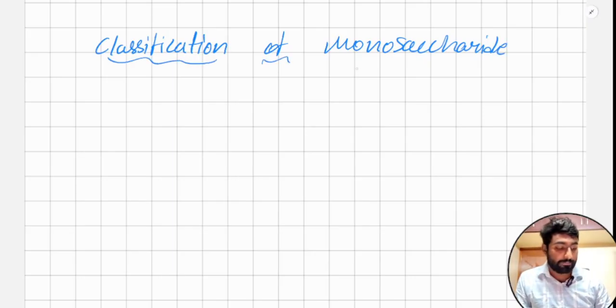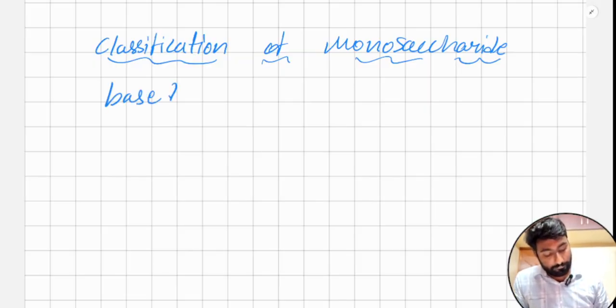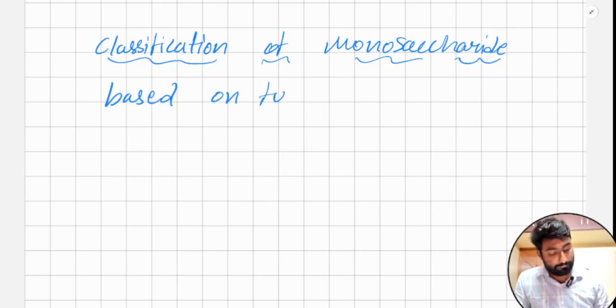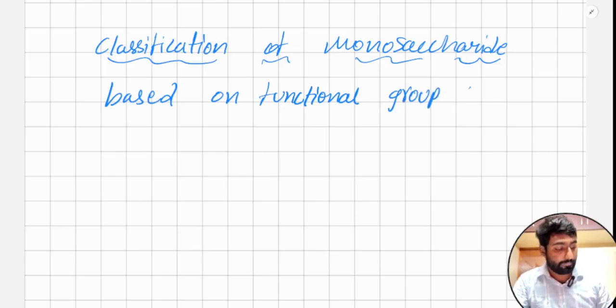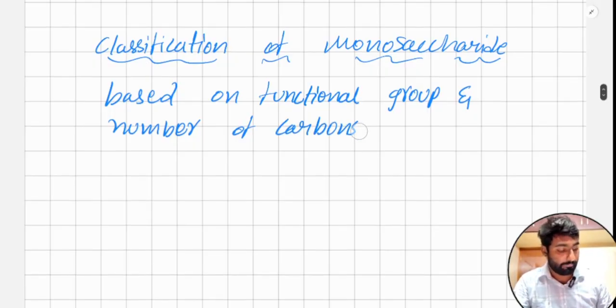How is the classification of monosaccharides made? It is based on the functional group and based on the number of carbons, number of carbon atoms present in it.